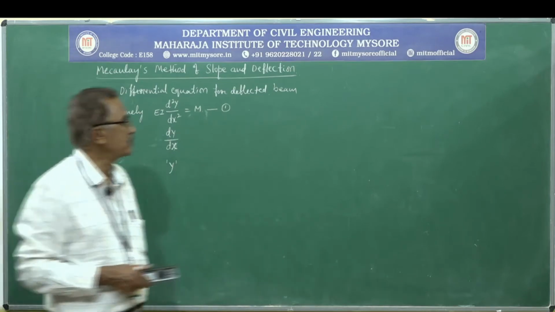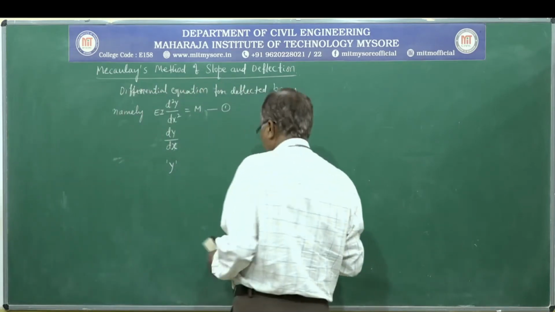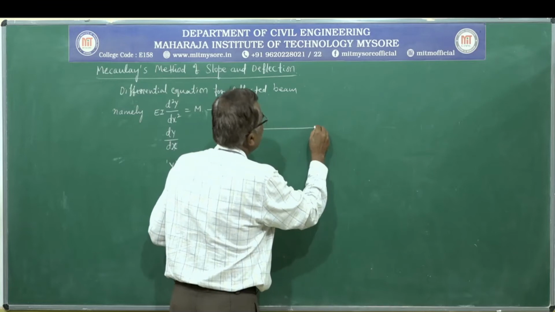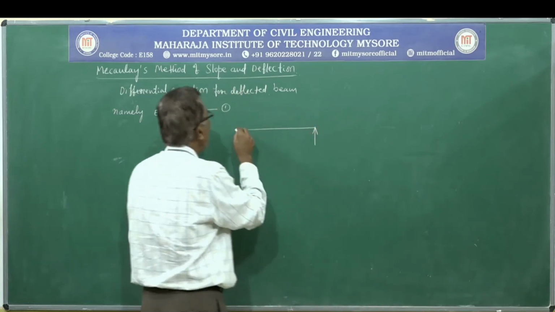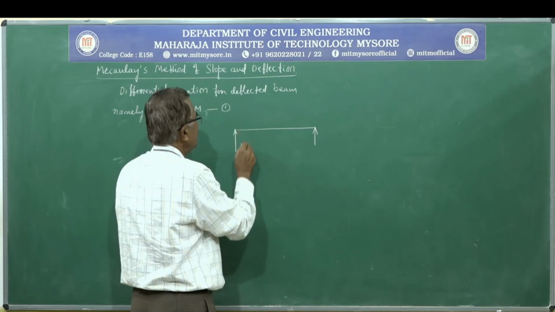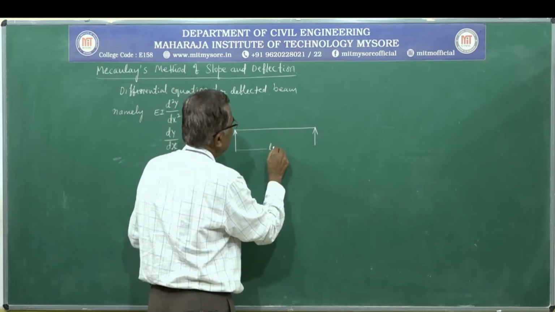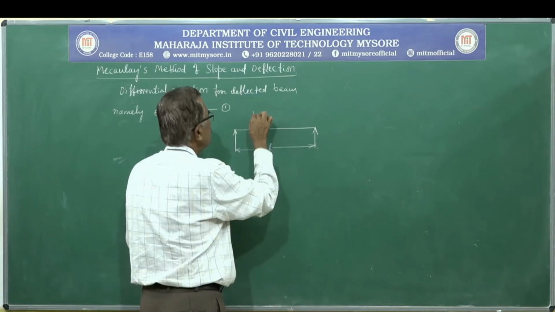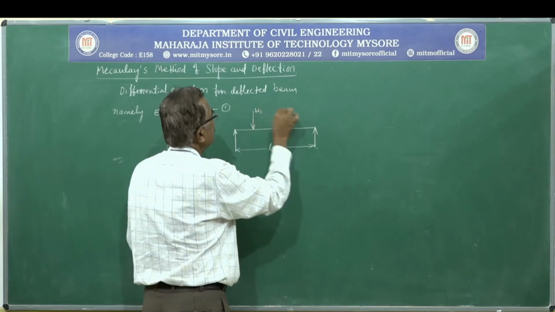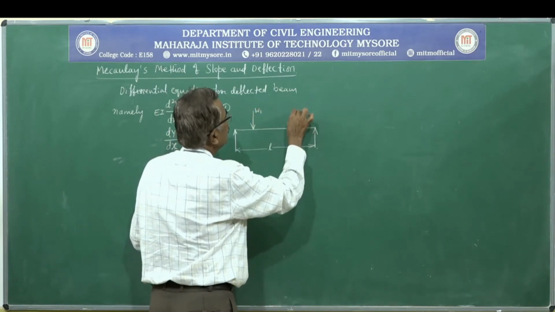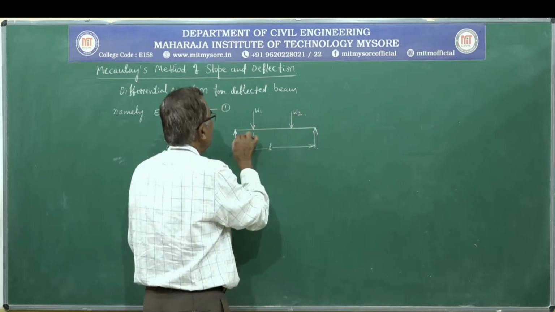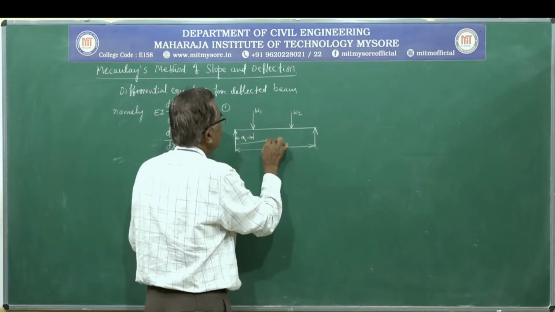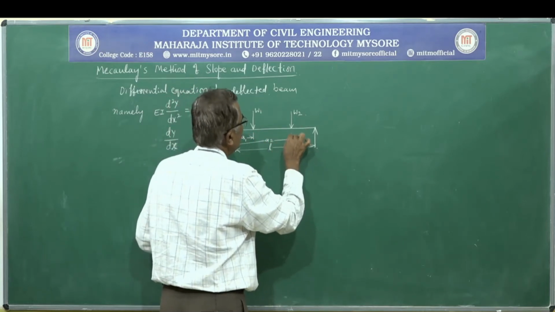In order to understand Macaulay's method, let us consider a simply supported beam of span L subjected to 2 point loads, say W1 and W2, at distances A1 and A2 from the left hand side.